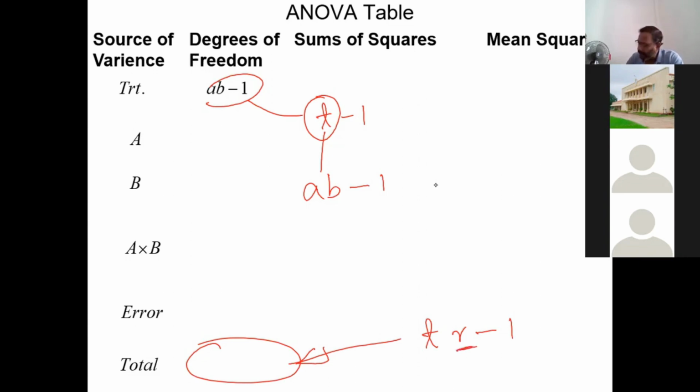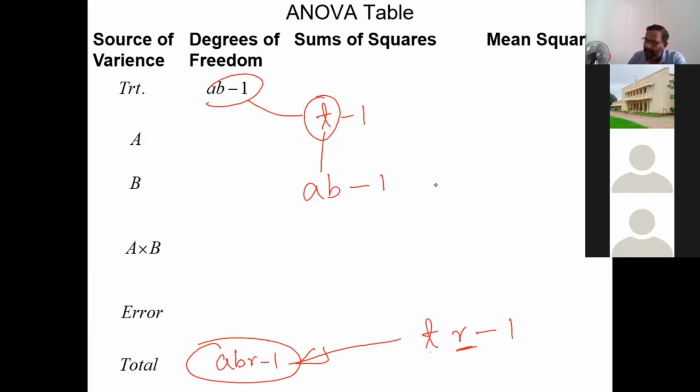R is already there. Instead of T, what can we write? AB. So now we can write it as ABR minus 1 in simple form.